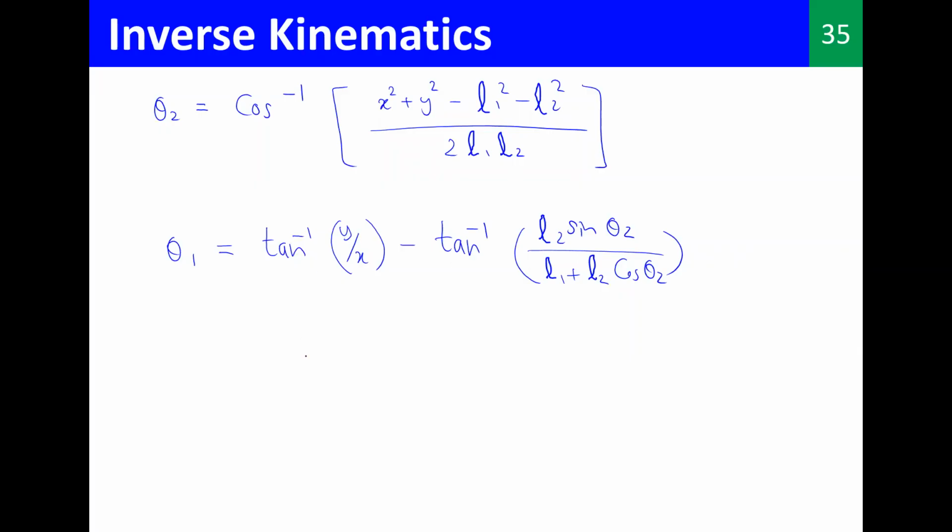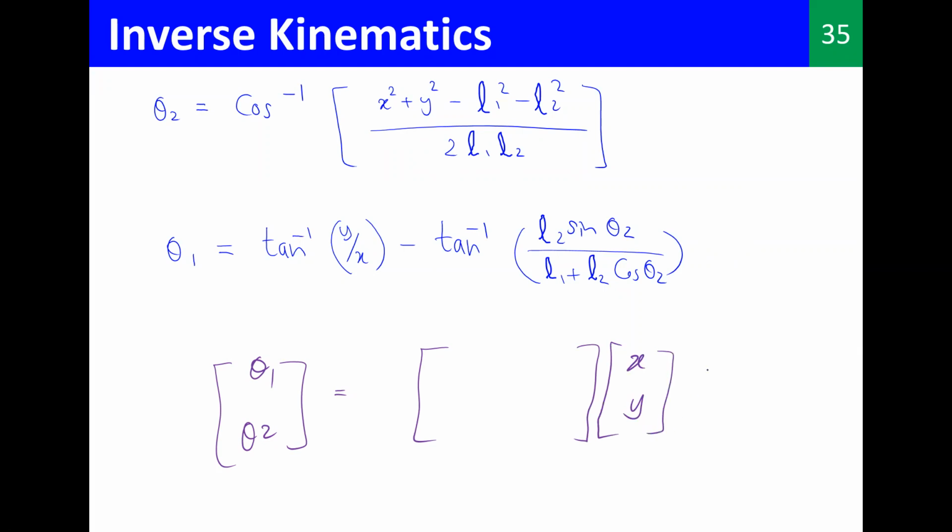If I again ask you the same question, now I want to find theta 1 and theta 2 with some matrix times x y. Can we do that? I don't think so. So this is also not possible.